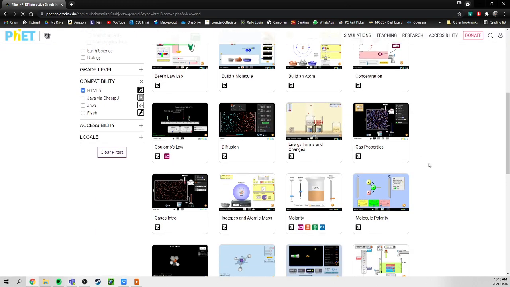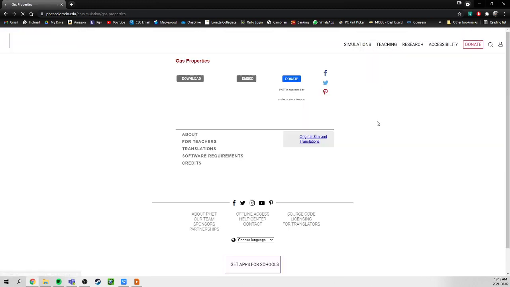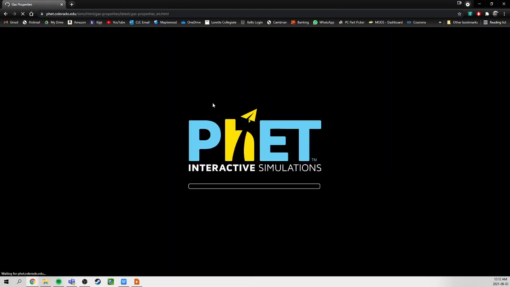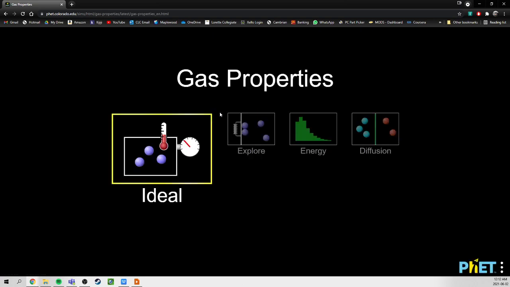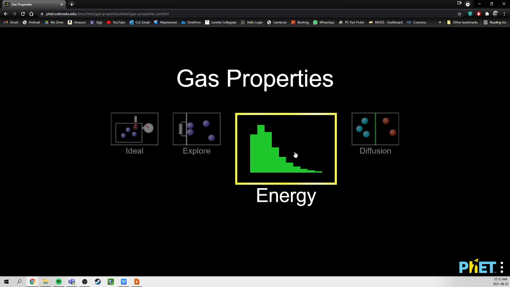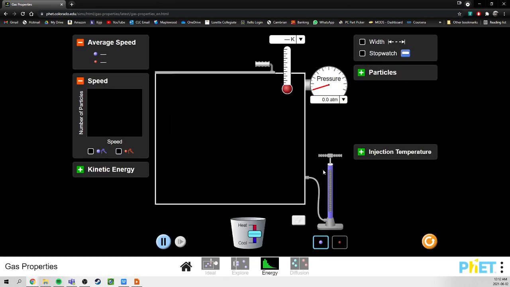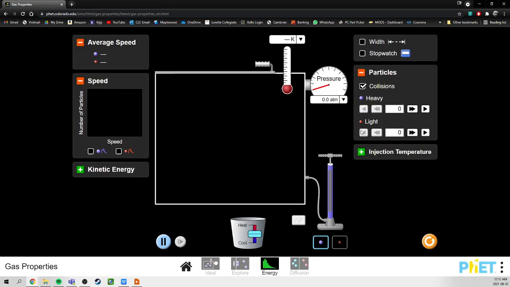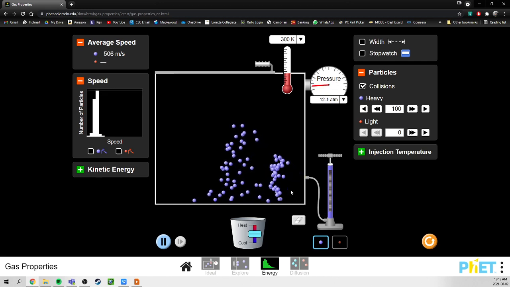Okay, so gas properties, this one right here. Okay, let's look at energy. So as I put in particles, heavy or light, I'm going to put in heavy, the blue ones here. I'll put a couple pumps in here.